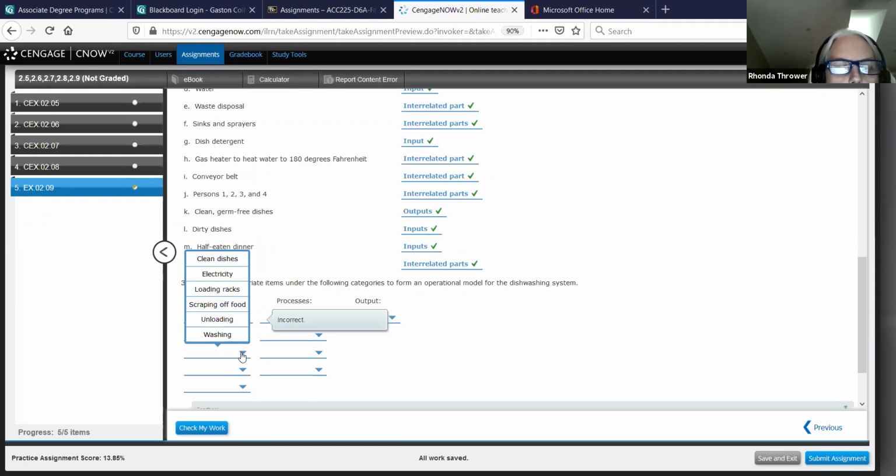Another type of input would be electricity. We have to have electricity to operate the dishwasher.